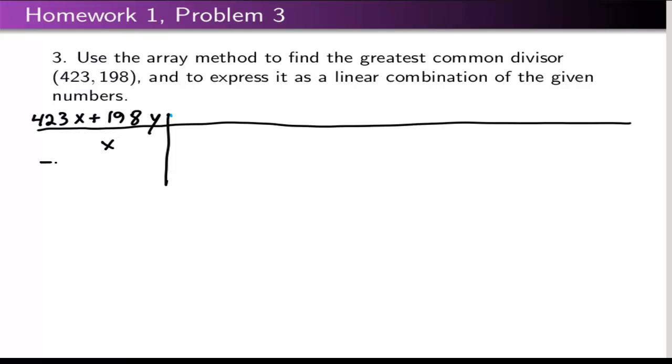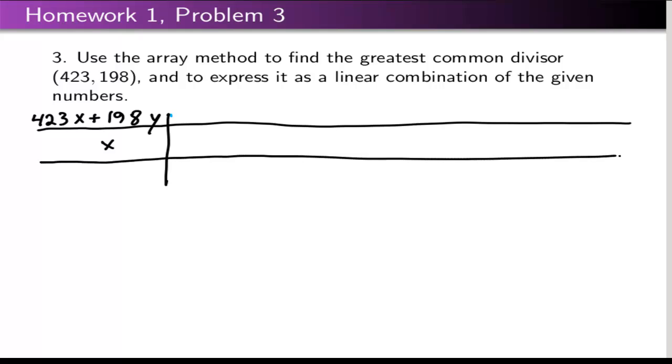Put x here and put y here. So when x is 1 and y is 0, we get 423. When x is 0 and y is 1, we have 198.